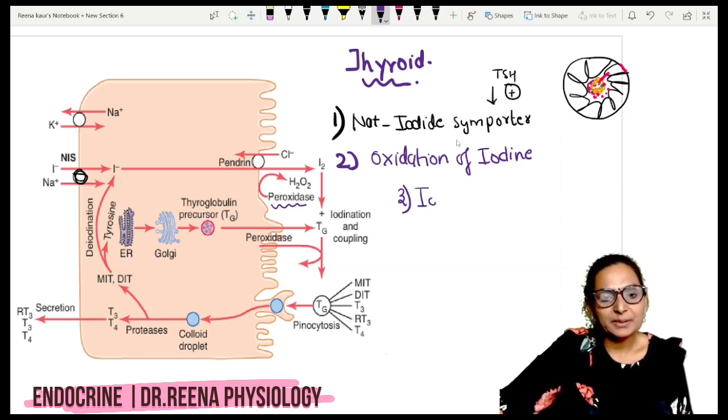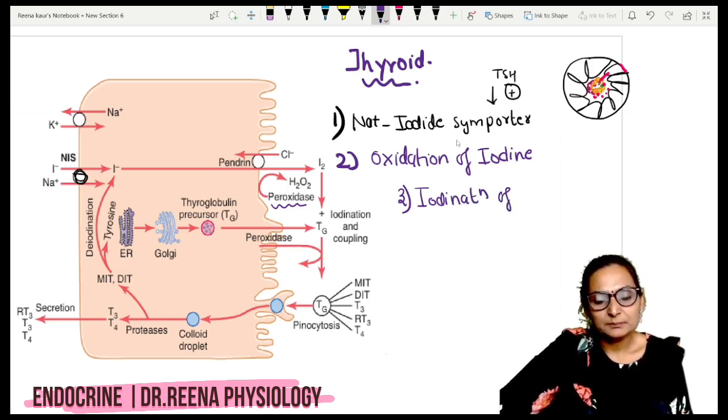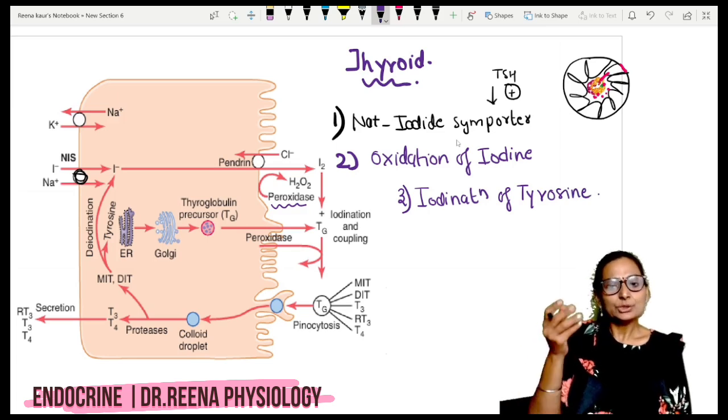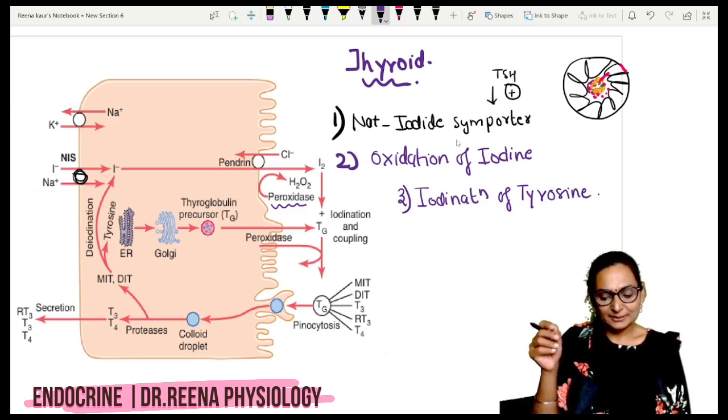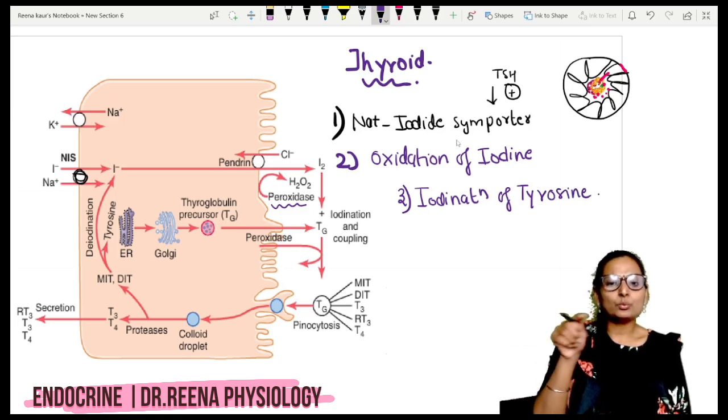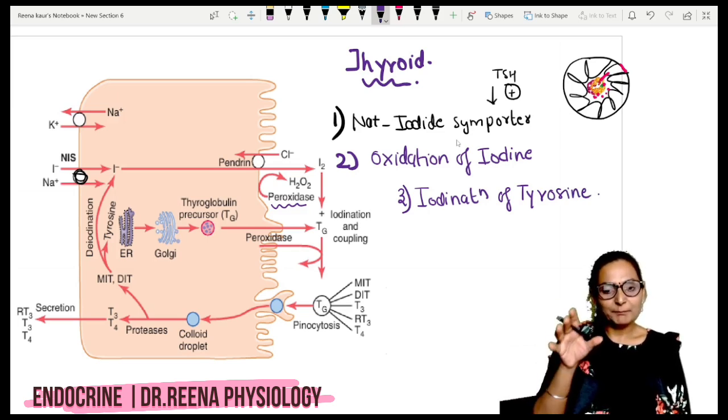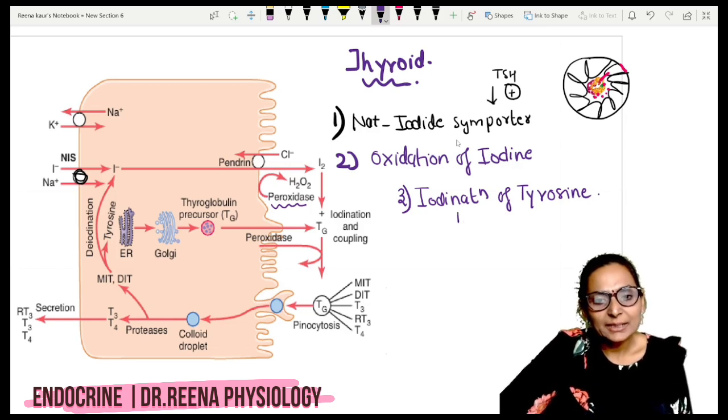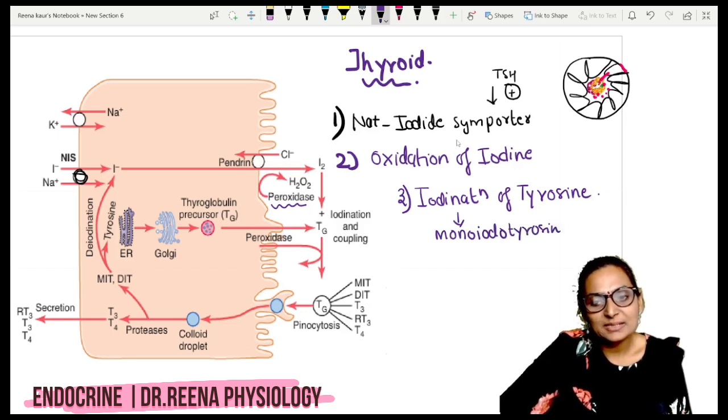The third step is iodination of tyrosine. This means the amino acid tyrosine will bind to iodine, and it will form monoiodotyrosine and diiodotyrosine, right?